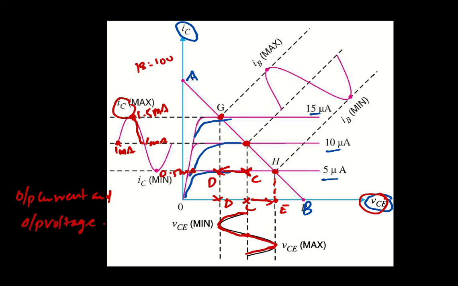One thing we should remember here is that only for the common emitter transistor configuration or transistor amplifier there is a phase difference. But there is no phase difference for the common base transistor amplifier or common collector transistor amplifier.